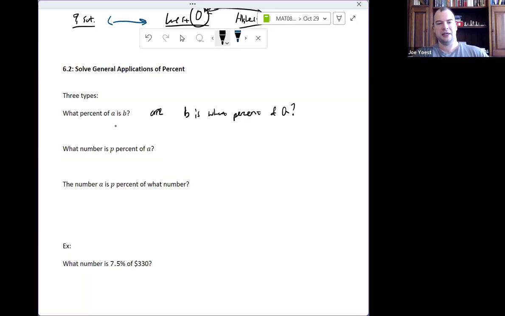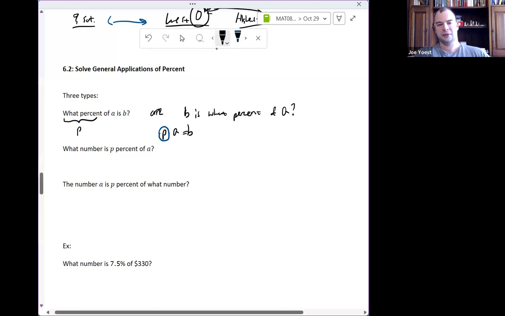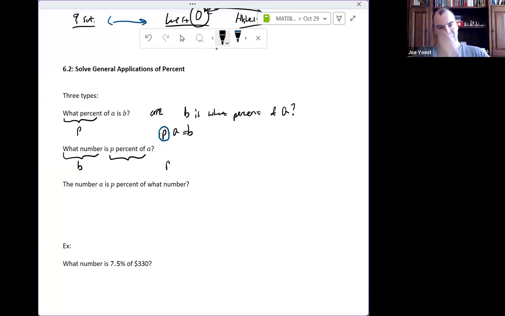So what percent of A is B? Here I'm looking for a percentage. I'm looking for P. So I have P times A equals B, and I'm looking to solve for P. What number is P percent of A? Well, here I have a number, let's call it B, equals P percent of A. So P times A equals B, but here we're solving for B. Or the number A is P percent of what number?